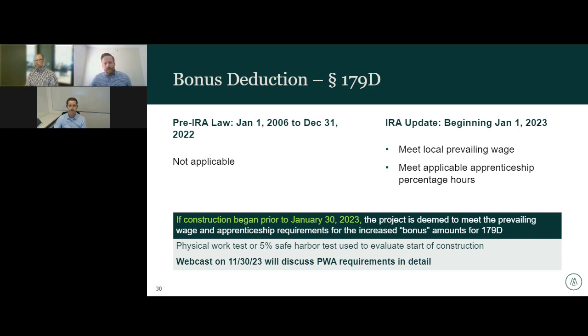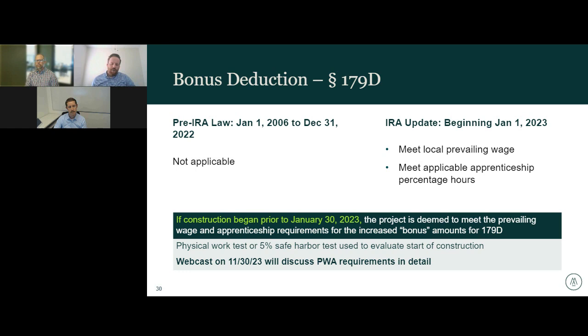But with that being said, at a high level, all the laborers on a construction project must be paid prevailing wages as determined by the Department of Labor, which is based on the type of work and the project location. And on the apprenticeship side, there is a percentage of overall labor hours worked that have to be worked by registered apprentices. That percentage you need to hit is based on the start of construction date.